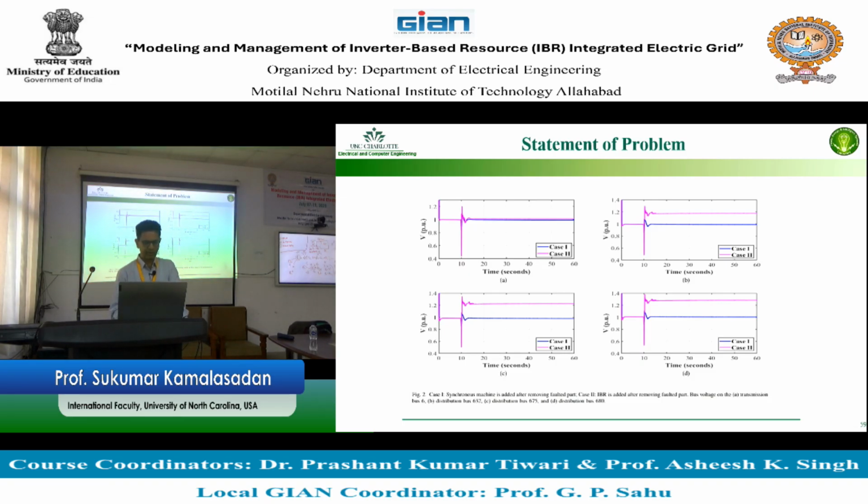If you are looking at the IBR addition and the transmission system bus voltages after the synchronous generator is added, you can see there is no change on the transmission system voltage. But if you look at the distribution system voltages, you will see the changes that happen if there are IBRs connected, before and after the fault. So that's something, you can do that kind of study.